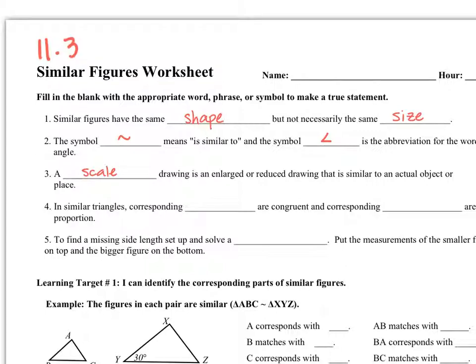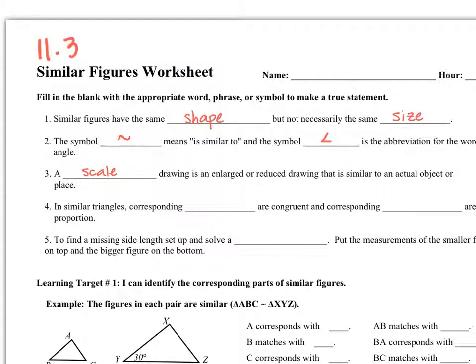So we call that a scale drawing. And also it has to be to scale. That means if you're drawing your home and your closet in real life, your closet's going to be smaller than the rest of your room. So in your drawing, you're going to draw the closet much smaller than the rest of your room, right? So we call that drawing it to scale.